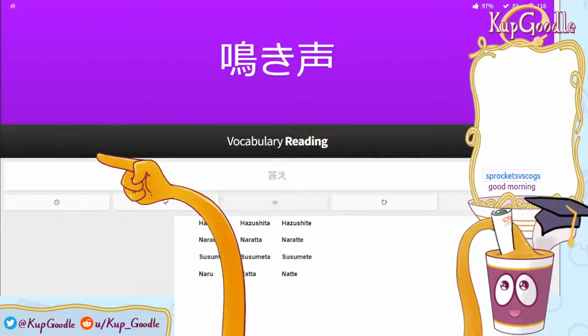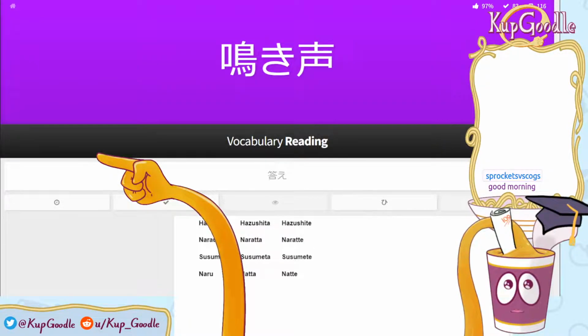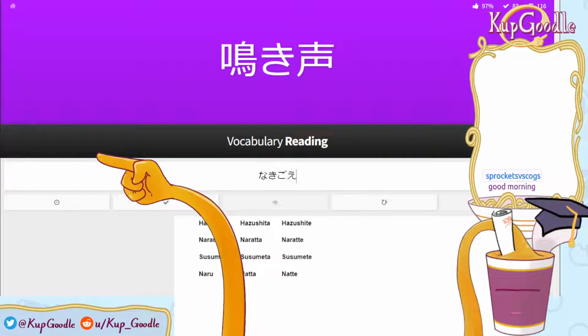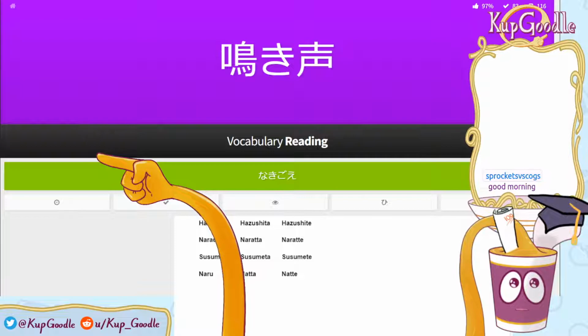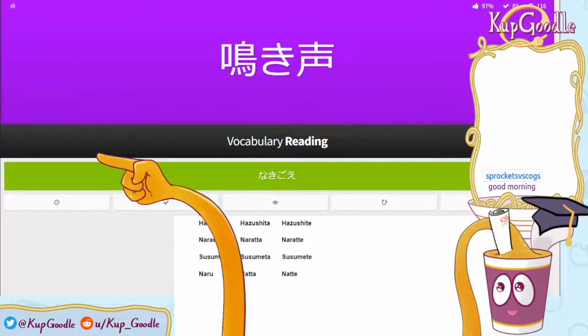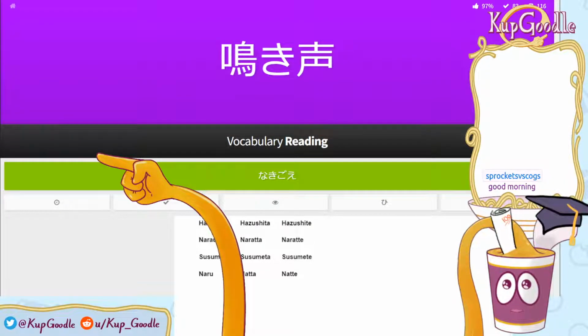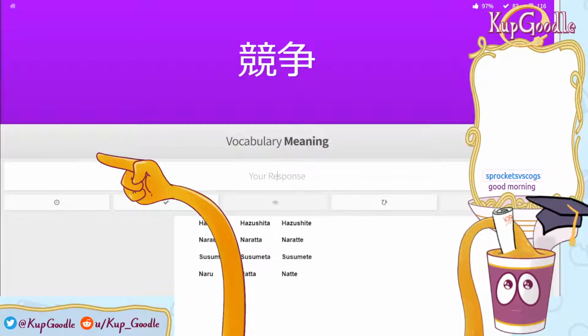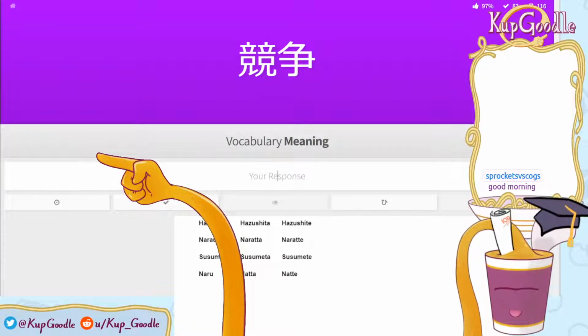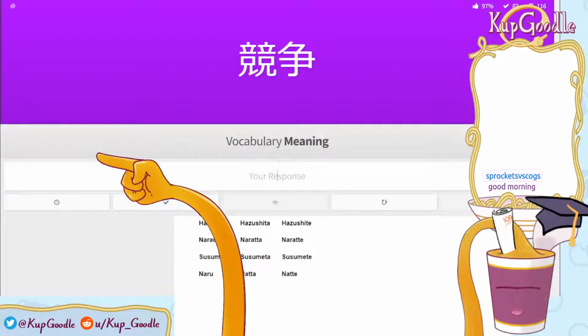That is a cry, an animal cry. A call. Like a chirp voice. Nakigoe. They use that in Pokemon when you can listen to an animal's cry. I think that started in Gold and Silver when you could press the cry button. Although that might be the move growl as well. I think the move growl that lowers your attack also does that.